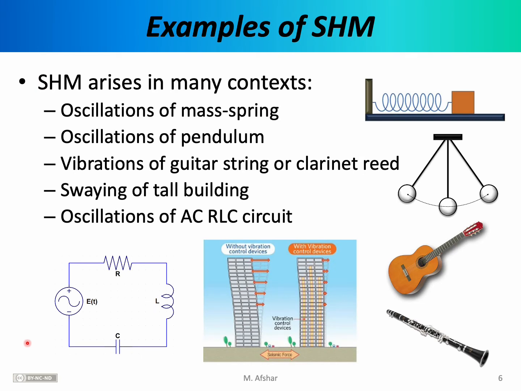Simple harmonic motion arises in many contexts. Over the last few lectures, we've been concentrating on the horizontal mass spring system without any friction. We call this the simple mass spring system, but it turns out the same mathematics and the same ideas apply to a whole host of other oscillatory systems.